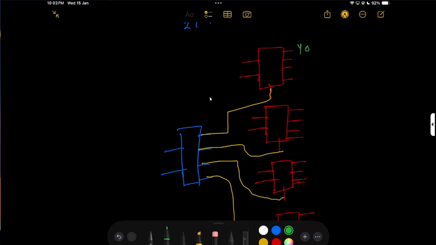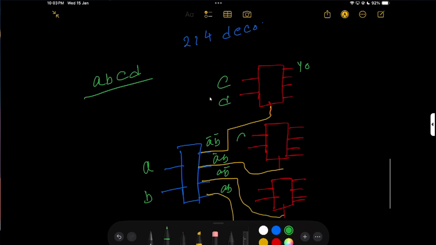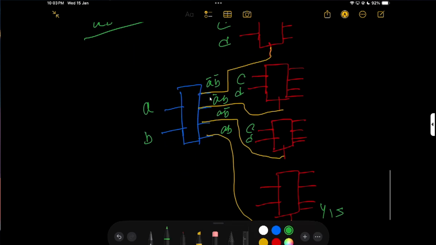Suppose my inputs are A, B, C, D. AB is the MSB, so here the outputs are A bar B bar, A bar B, A B bar, and AB. Here is my CD going to each of the decoders.